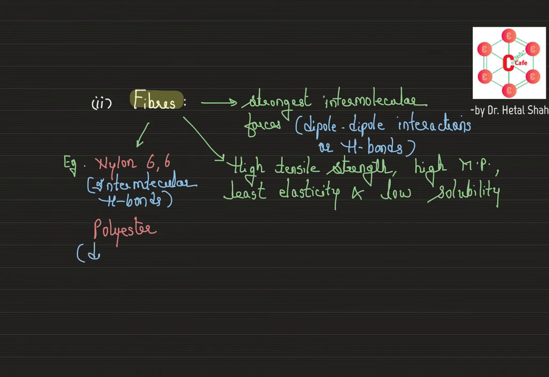This would have dipole-dipole interactions. So all this, right? So this is about the fibers. These are the polymers which are the strongest and have the highest melting point or very high tensile strength, and the attractive forces are also very, very strong. H bonds or dipole-dipole interactions. Okay, examples are nylon 6,6 or polyester.